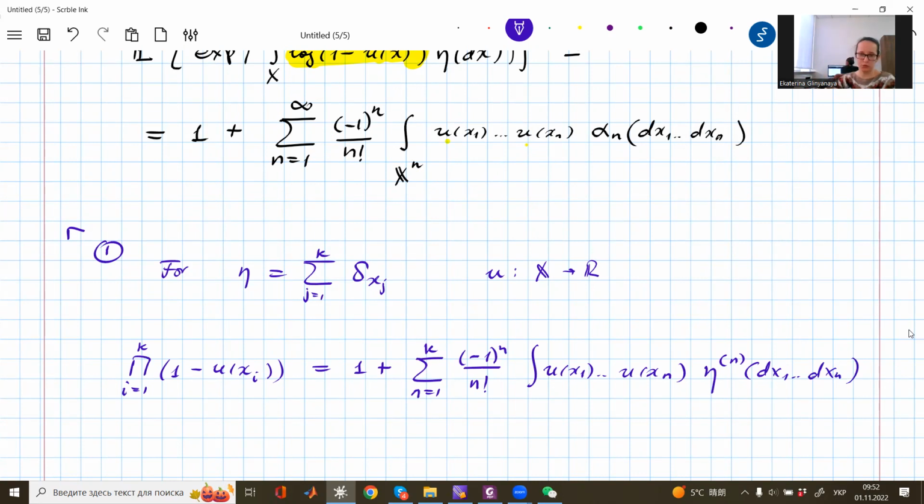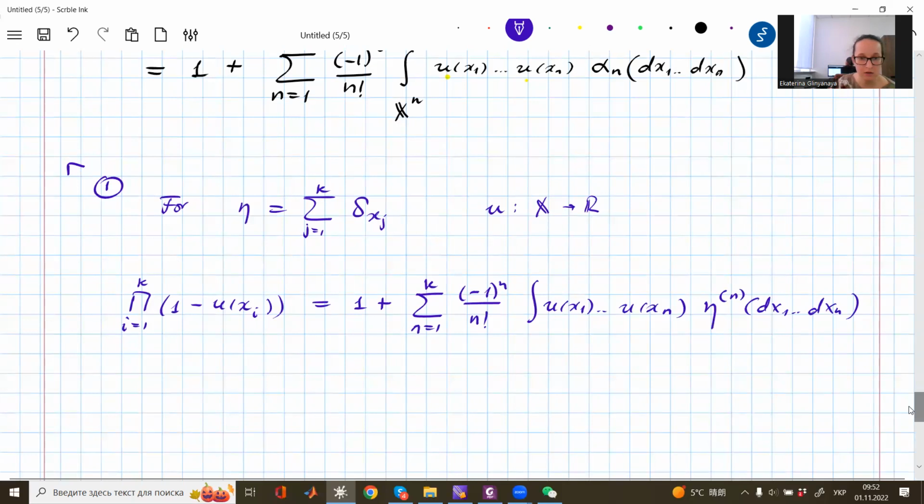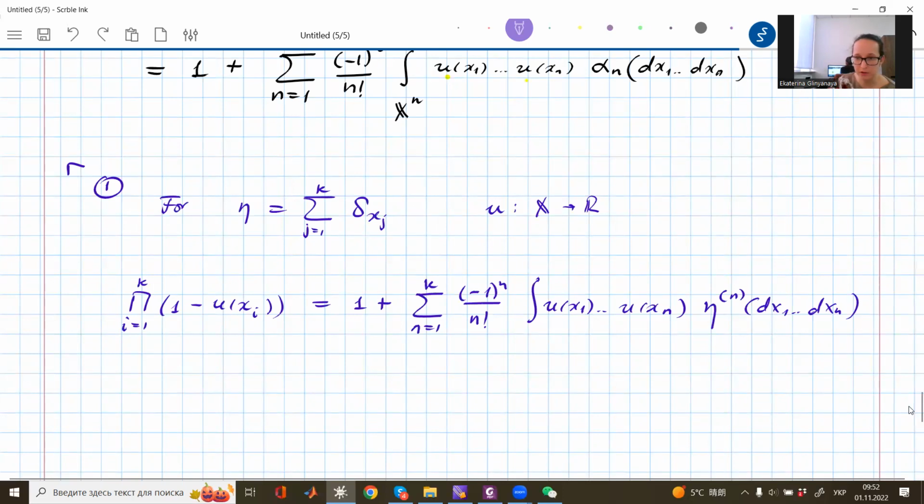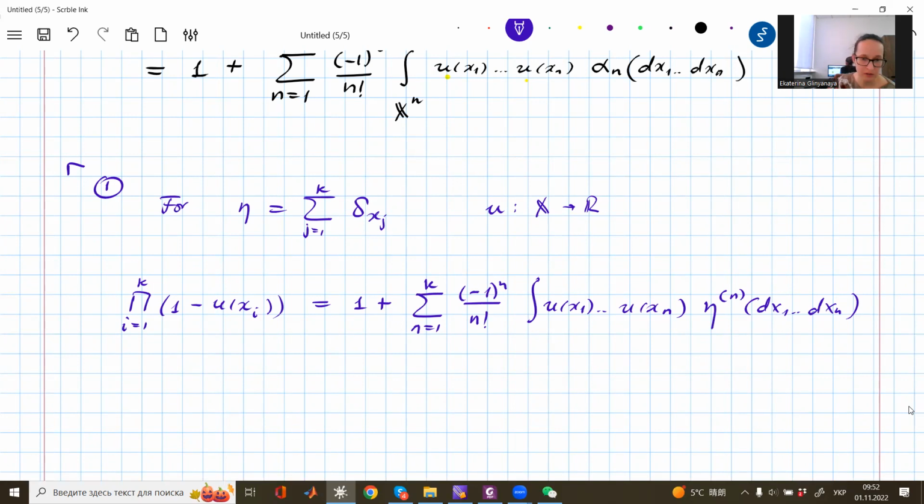And then what we need to do, we will take the expectation of this too. So this is the main step. If we have the series of integrals with respect to factorial measures, then we have this representation. So how to prove this? We'll just use mathematical induction.